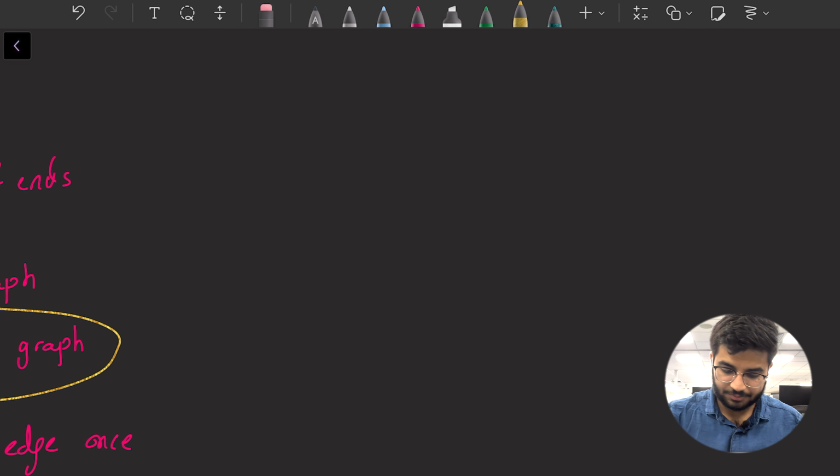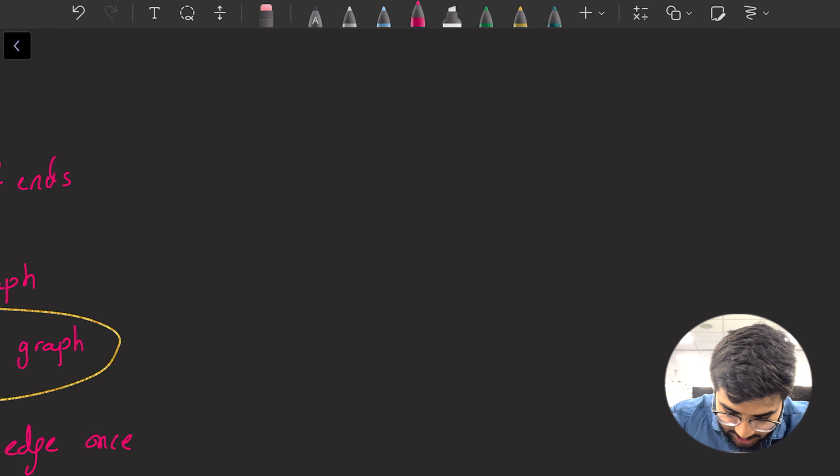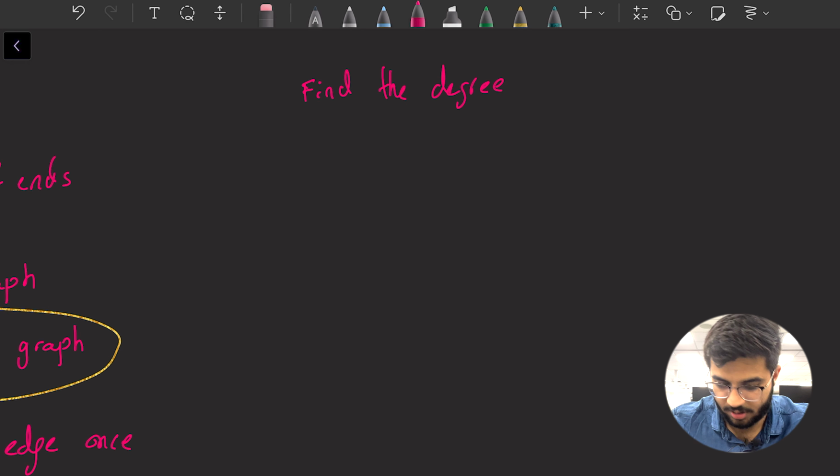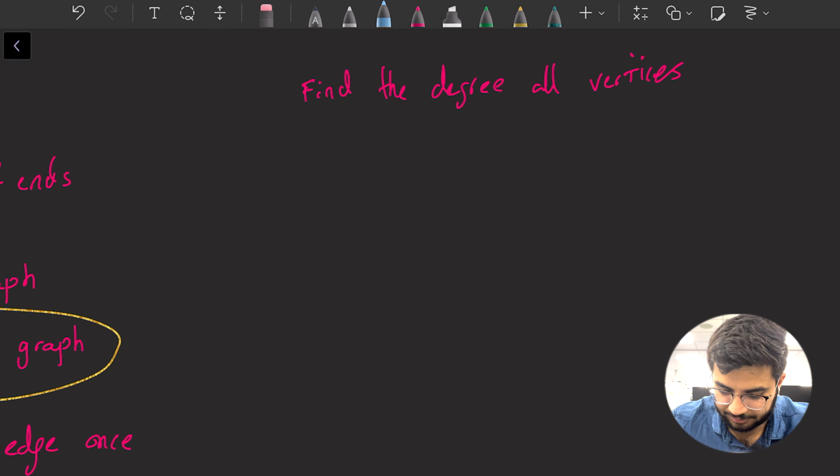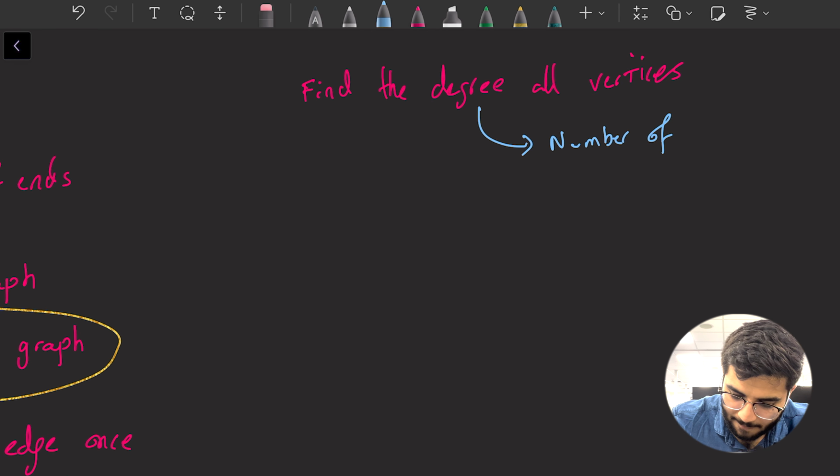What we do is look at all the vertices we have, and find the degree of all vertices. A degree is the number of edges connected to a vertex.